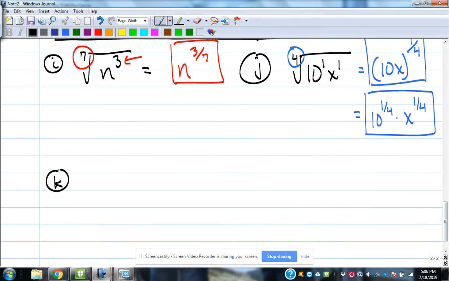Let's do this one that's got 15 and then the 7th root of x to the 4th. So 15, 7th root of x to the 4th. So is the 15 going to have a fraction exponent?